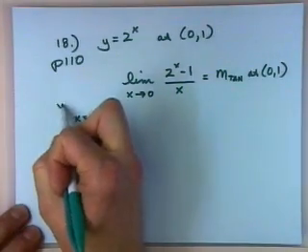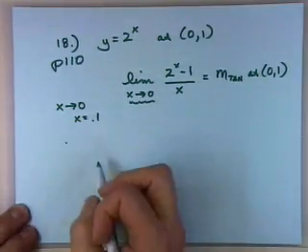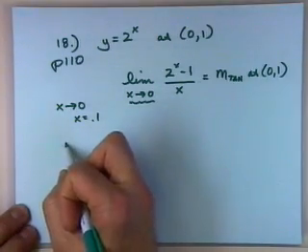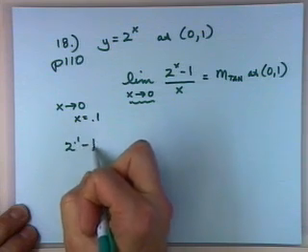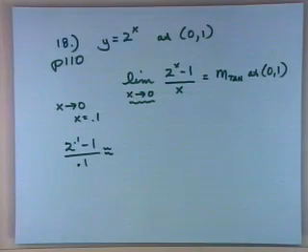So we're supposed to let x approach 0, according to this. Let's start off with x being 0.1. So I'll need some calculator help on that one. 2 to the 0.1 minus 1 all over 0.1.